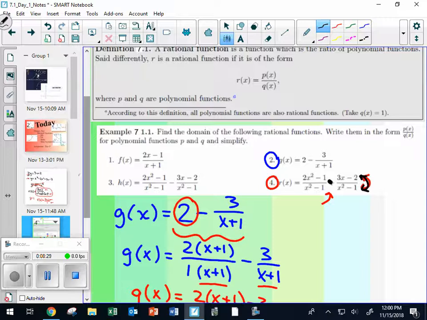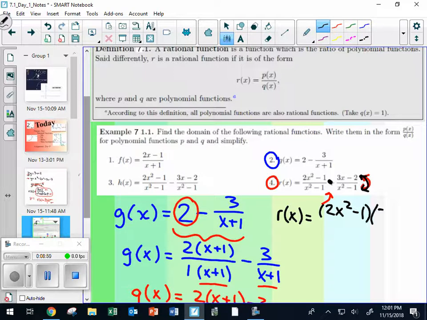Yep, after flipping them. Okay, so if you multiply them together, did you just keep them separate? So you said we just multiplied them. Did you multiply them across like this, or did you multiply them across numerator and numerator? All right, so we multiply across.